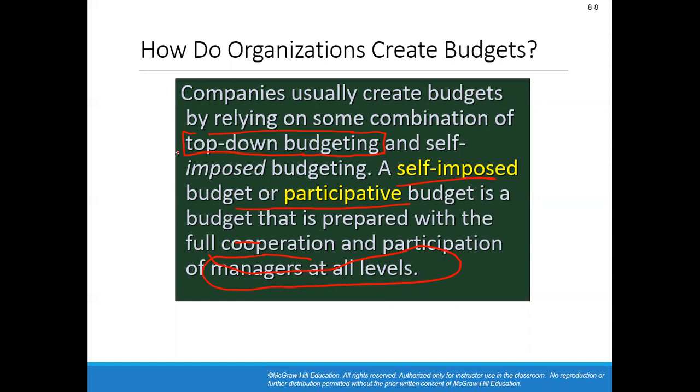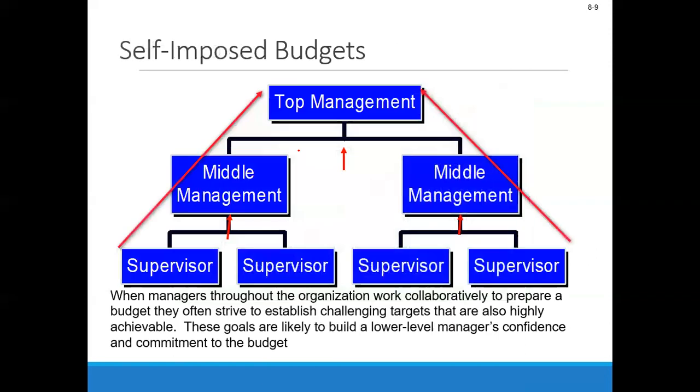In this way, the top managers are dictating all of this. Between these two ways of preparing a budget, I hope many of you will agree that the self-imposed or participative budget has more benefits compared to top-down budgeting for a number of reasons.